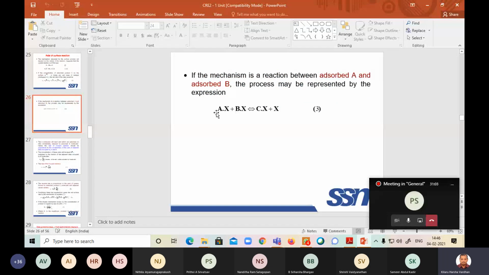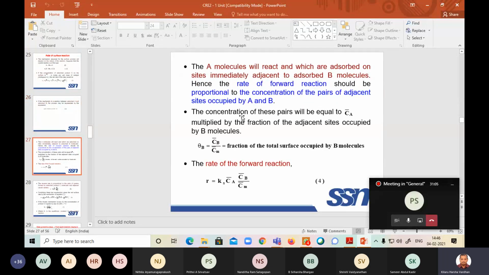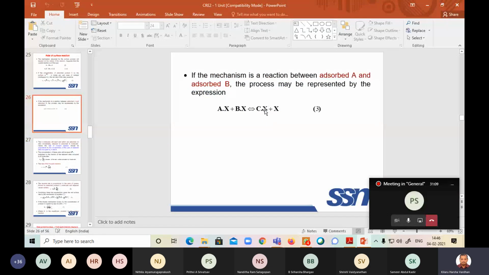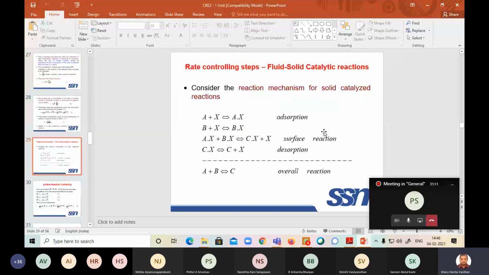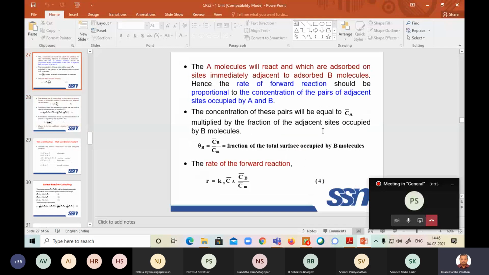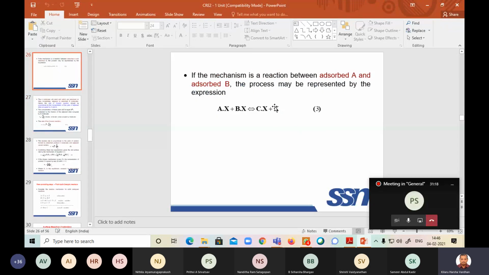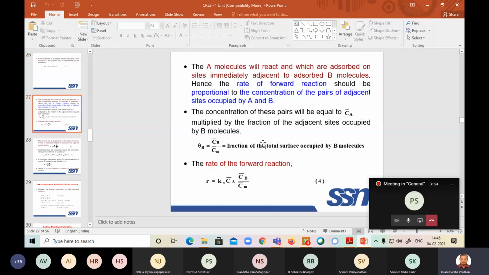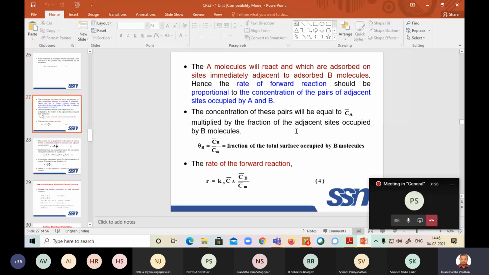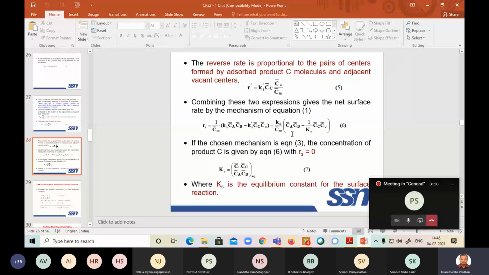So what are the two coefficients? Ca, Cb, that is what will come, minus what will come? Product will come. So Cc bar, 1 by Cv. Cv will come because there is a vacant site which is again created. So instead of going through all this derivation, looking at the equation itself, we can write the overall expression, right?